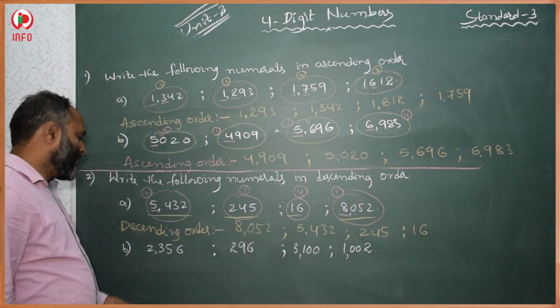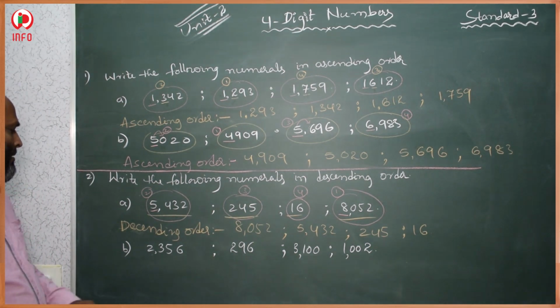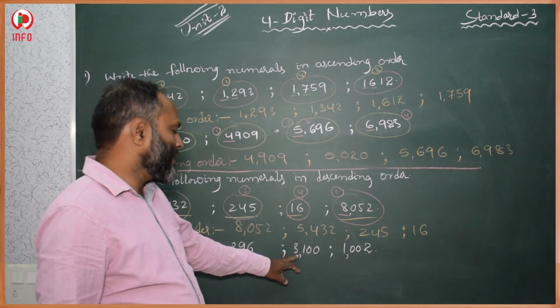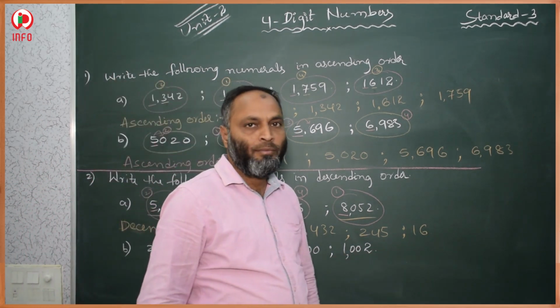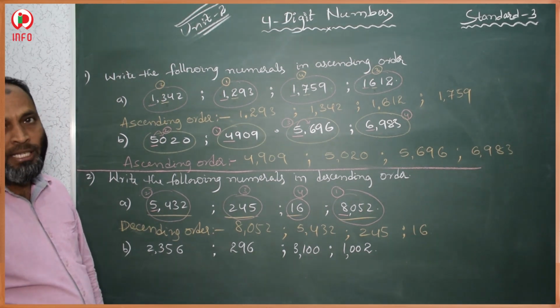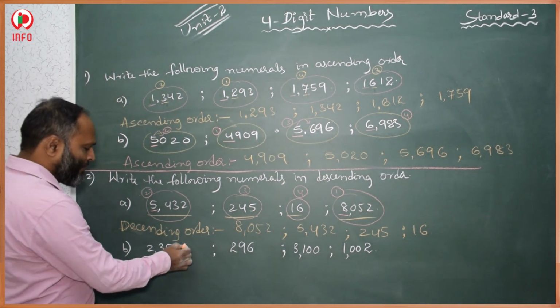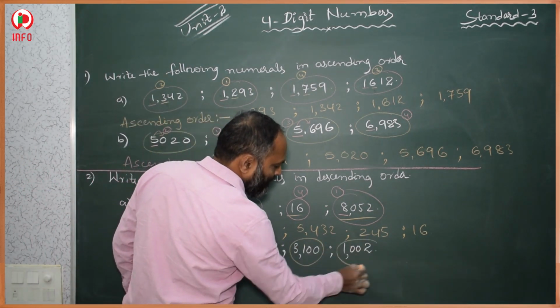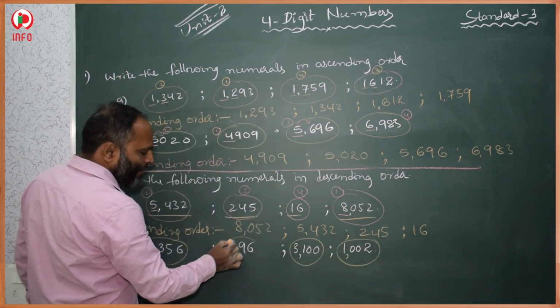Then in the same way, the second question is also the same. 2356, 296, 3100, 1002 are given. In this also first we have to check the number of digits. This is a 4-digit number. This is a 4-digit number. This is a 4-digit number. This is a 3-digit number.